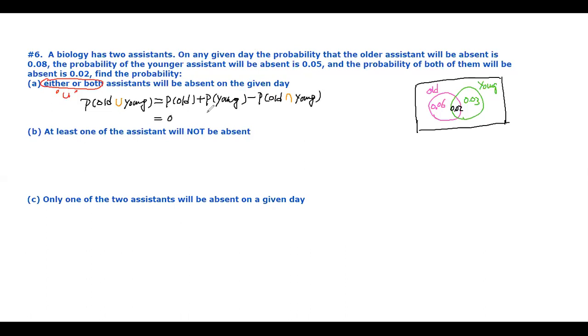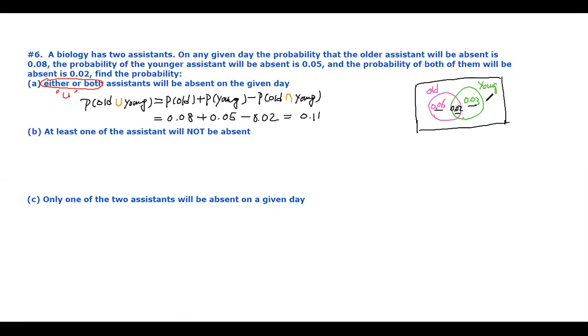The older is 0.08, the younger is 0.05. The both is 0.02. So you will get 0.11. If you just add these 3 pieces together, 0.06, 0.02, 0.03, you will get 0.11. It's the same thing.